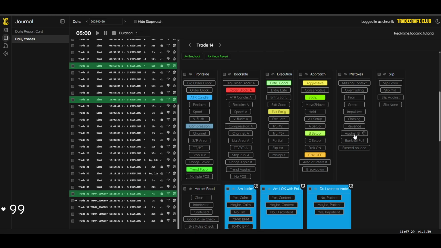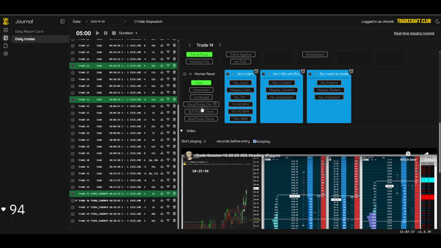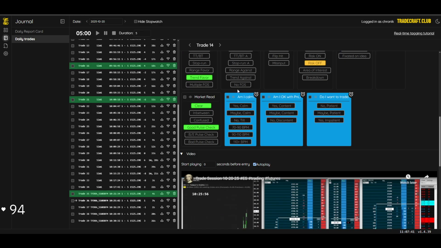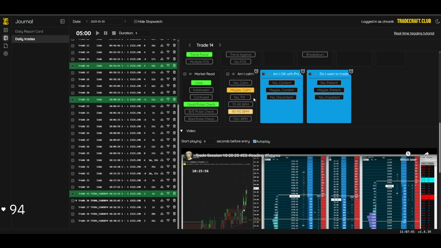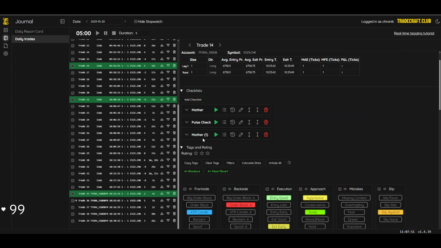This is technically against my bias because we're risk off. Slip against. Good clarity. I'm going to say maybe calm. This was kind of stressful to hold through, but I am content and I am patient. I will green star this one.